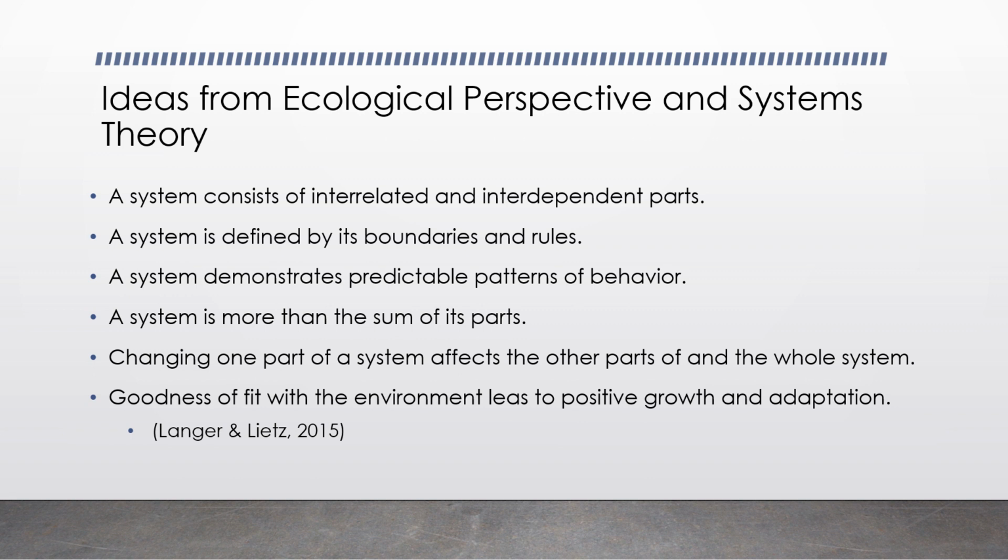So, for example, a family system consisting of a grandmother, Judy, and her 5 grandchildren is more than just 6 people. It includes the relationships, the parts of the system, that each individual has with each other. It includes the boundaries and rules that govern the behavior of the individuals within the family. It also is affected by the environment.